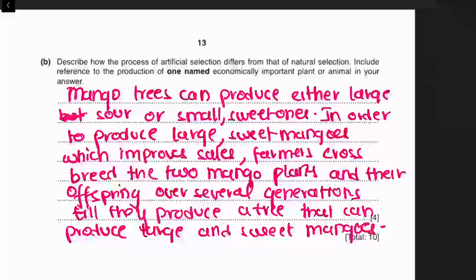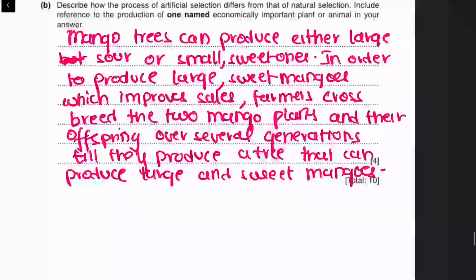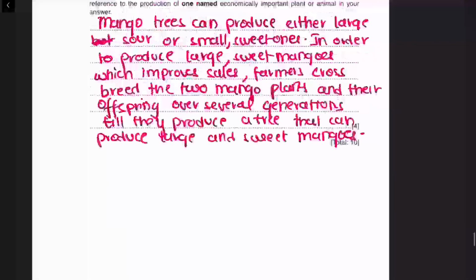And this is the tree that they will keep. This tree they will keep in the farm because the other trees are not favored. Okay.